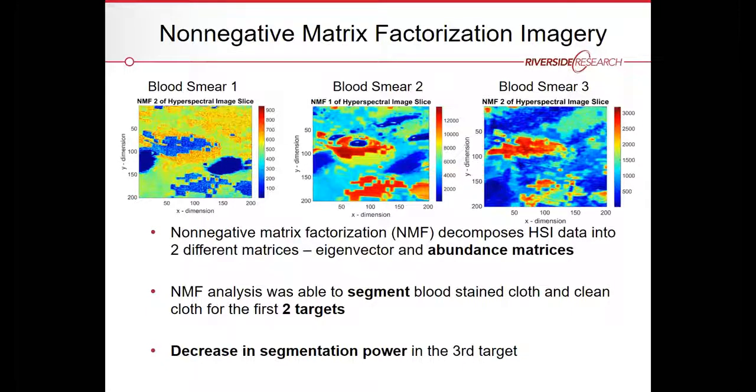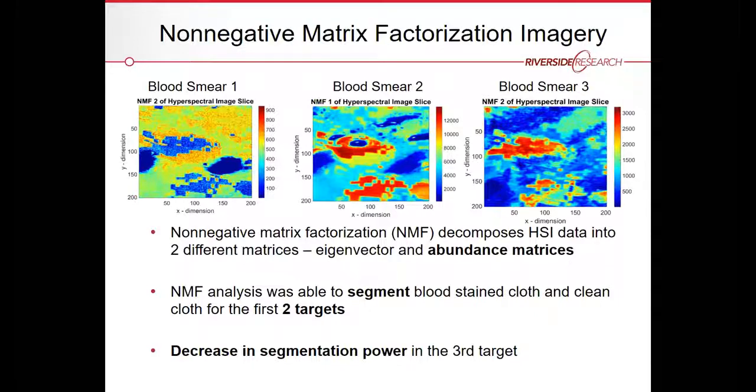In the next image, you see these blobs of blue, which are speckled across the image. Again, that's the blood. The red is the camouflage, which you can actually see because it has these very crisp lines. And then in the third target, you see faint signs of blood, but it's very, very faint. You cannot really see a very strong signature of blood.